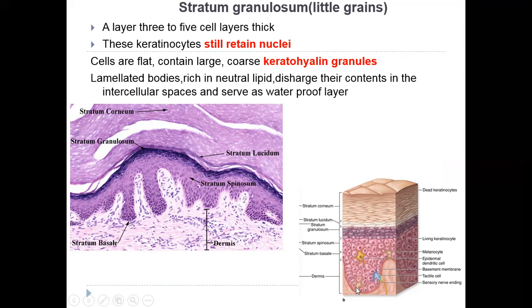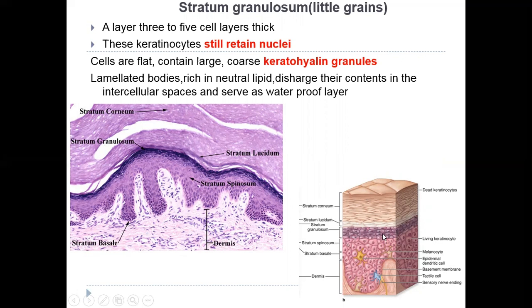So these layers, stratum basale, stratum spinosum, stratum granulosum, all these cells have the nucleus and the cell organelles. But as we go to the next layer, the cell loses the nucleus and dies off. So ultimately, this layer will have dead cells. So here we are discussing stratum granulosum.